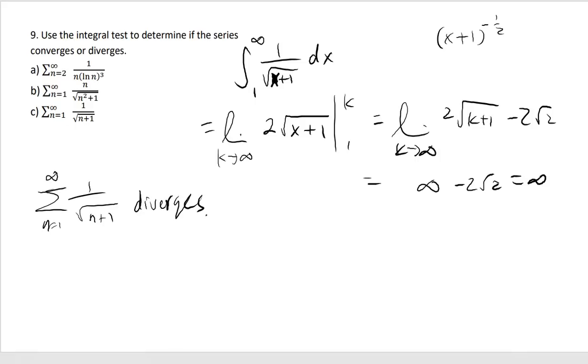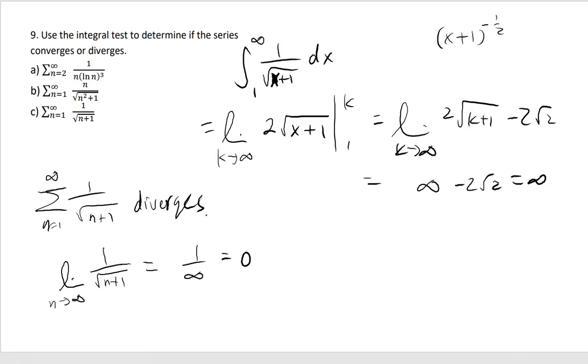Now this last part C is an interesting example, because if you look at it, 1 over square root of n plus 1 as n is sent to infinity, this is 1 over infinity, which is a 0. So you're adding things that are getting smaller and smaller, almost nothing, yet this summation still manages to diverge to infinity.